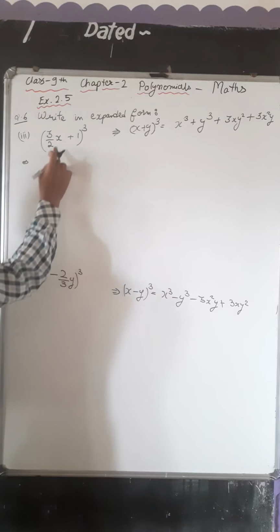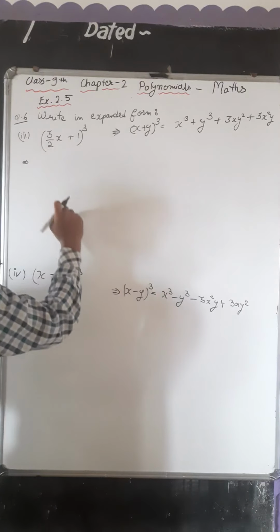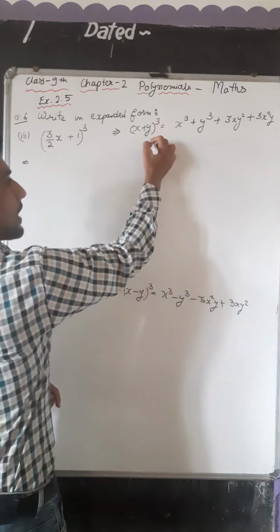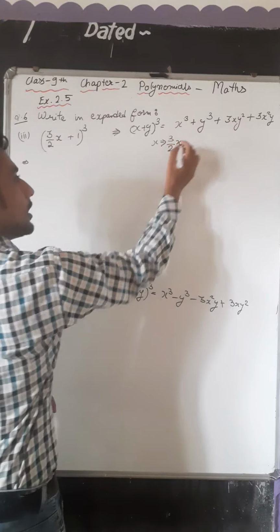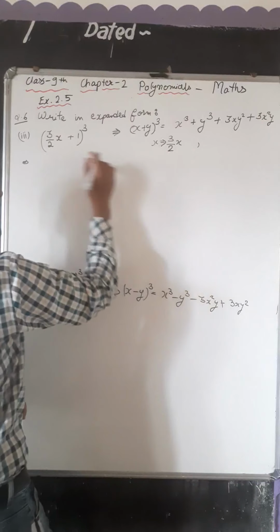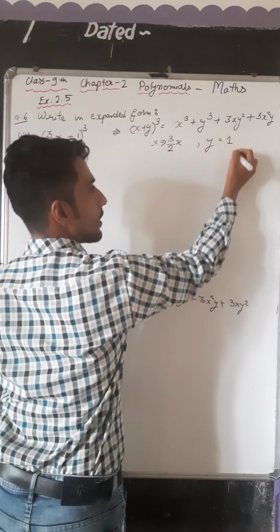Let's see this one: (3 by 2 x plus 1) whole cube. So what is x here? x becomes 3 by 2 x and y becomes equal to 1.